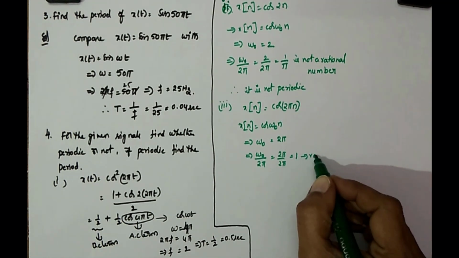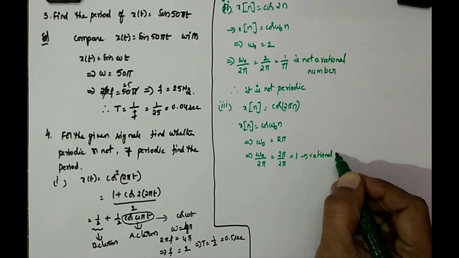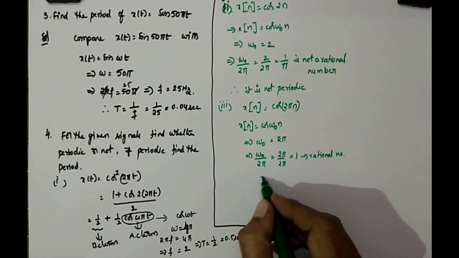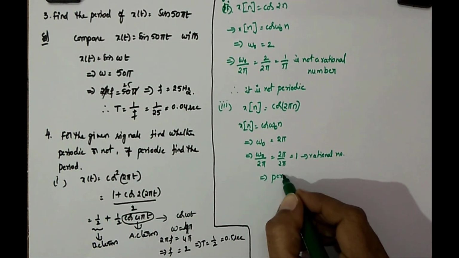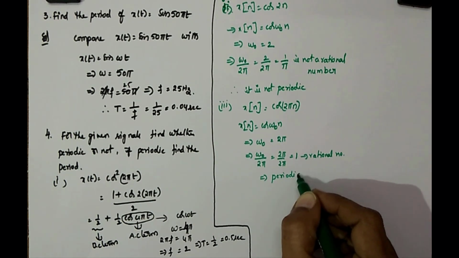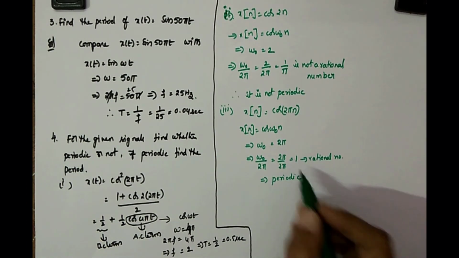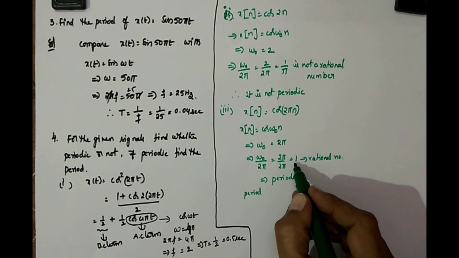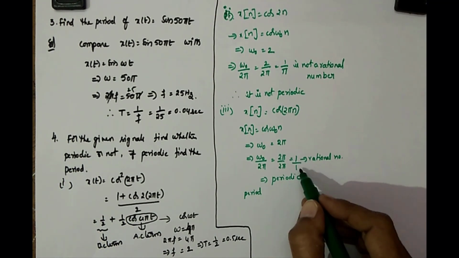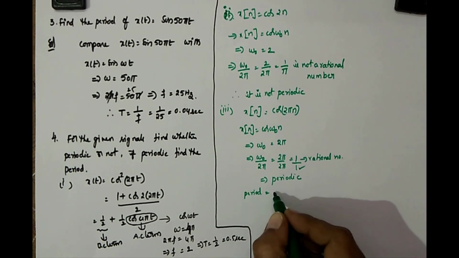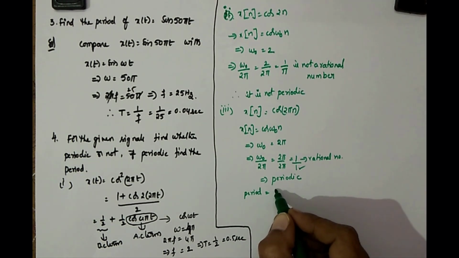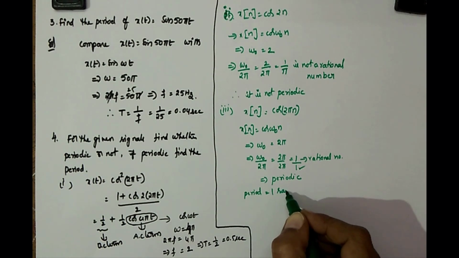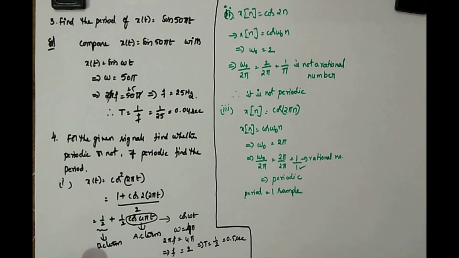We know 1 is a rational number. Implies it is periodic. What is the period? Actually you have to write it as 1 by 1. The denominator becomes the period. The period is 1 sample because it is a discrete sequence.